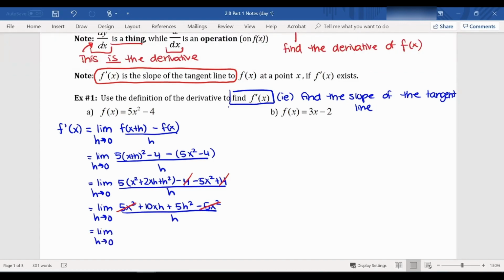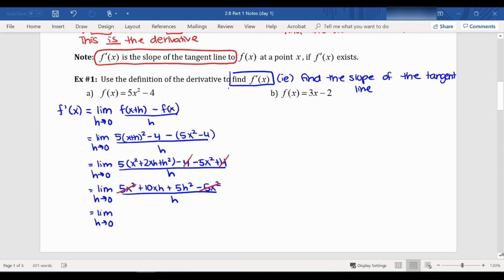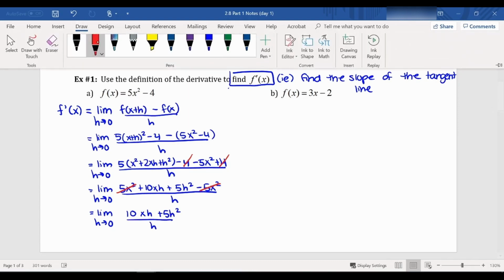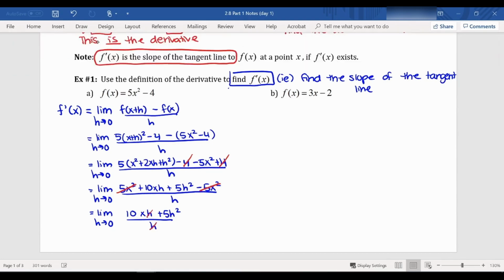So this is the exact same math we were doing in the previous chapter. We're just calling it something different. We're calling it a derivative instead of calling it the slope of the tangent line. Okay. And we can see that the h from the bottom can cancel out with an h in each term from the top.